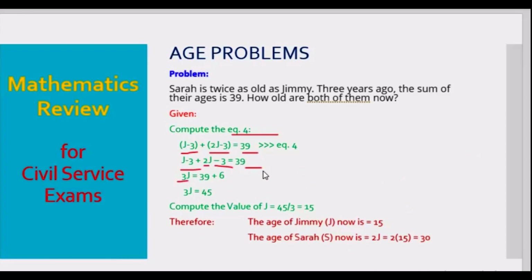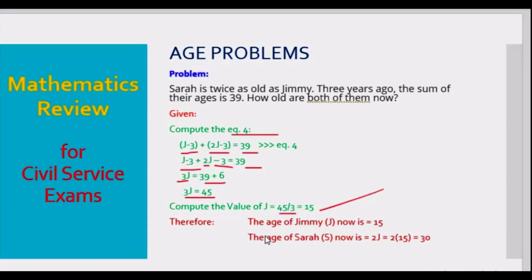so equals 39. So the minus 3 here and the minus 3 here, we will just be putting this to the right side of the equation. So the 39 will now become plus 6. So 3J is equal to 45. So solving for the value of J, which is 45 over 3, is equal to 15.